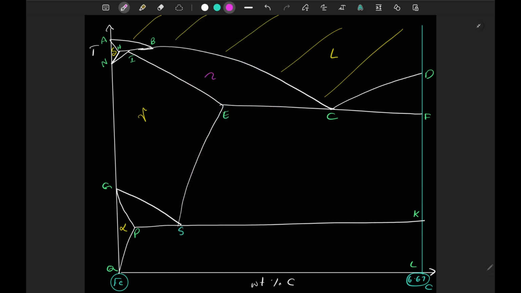If I look at the phase here, we have gamma plus L. So in order to obtain this, we need to consider the phase boundaries here and here. Beyond here, everything is liquid, and beyond this phase boundary, everything is in gamma. So in between, we will get gamma plus L. Now similarly, here we will get liquid plus Fe3C, because this line represents Fe3C, and beyond this line, everything is liquid.